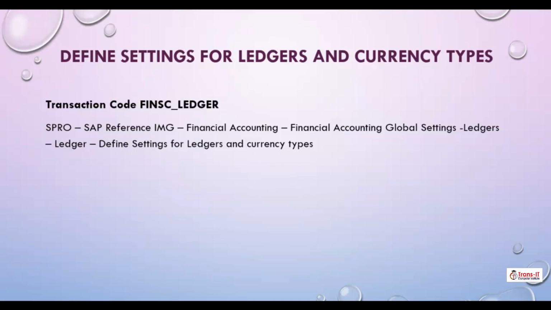For that we can use transaction code FINSC_LEDGER, or we can use the path SPRO, SAP Reference Implementation Guide, Financial Accounting, Global Settings, Ledger, Define Settings for Ledger and Currency Type.